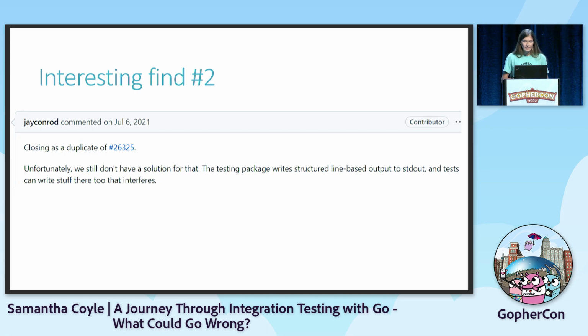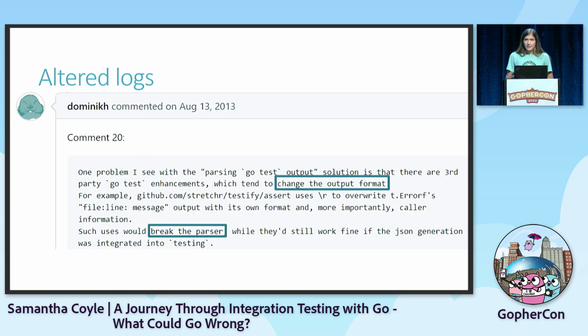It reads, the testing package writes structured line-based output to standard out, and tests can write stuff there too that interferes. That makes sense because we had additional characters and we had some missing new lines. And I mentioned we tried the JSON flag, right? And so we looked if there were issues with this approach as well.